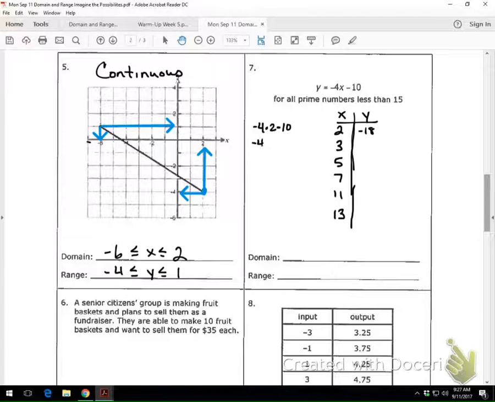Okay, then -4 times 3 minus 10. -22. -4 times 5 minus 10. -30. -4 times 7 minus 10. -38. -4 times 11 minus 10. And -4 times 13 minus 10. -62. Perfect.